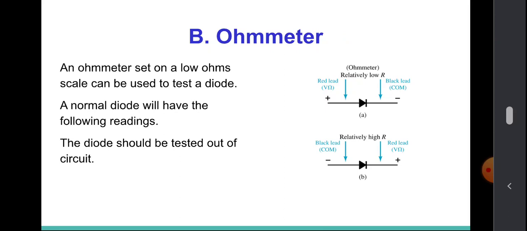But when the black lead or the common is connected to the negative side of the diode and the red lead is connected to the positive side of the diode, the reading should be relatively high resistance. So that is the testing of a diode using an ohmmeter.